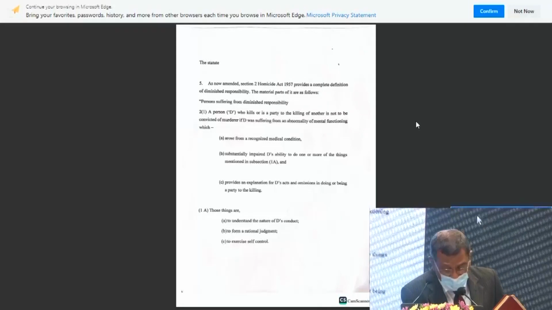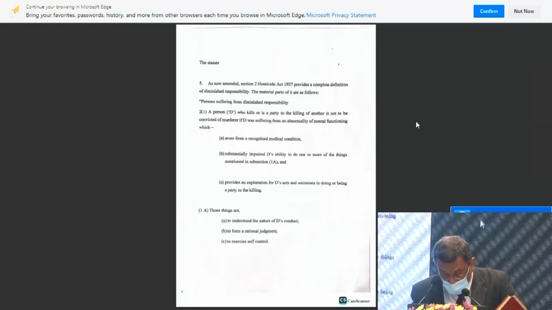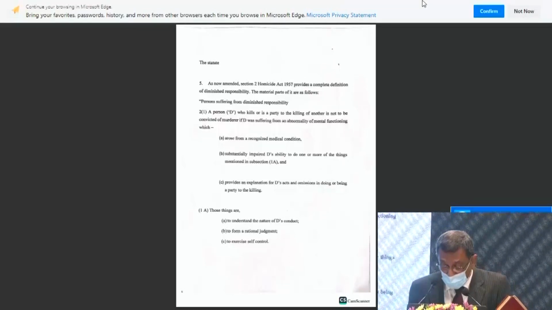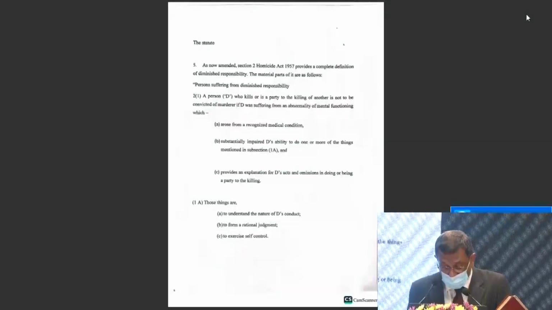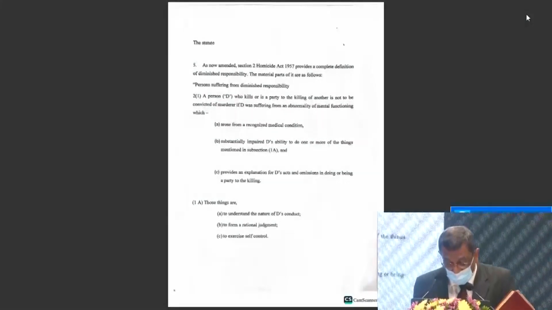It says, a person, that is D, who kills or is a party to the killing of another is not to be convicted of murder if D was suffering from an abnormality of mental functioning which (a) arose from a recognized medical condition, (b) substantially impaired D's ability to do one or more of the things mentioned in subsection 1A.